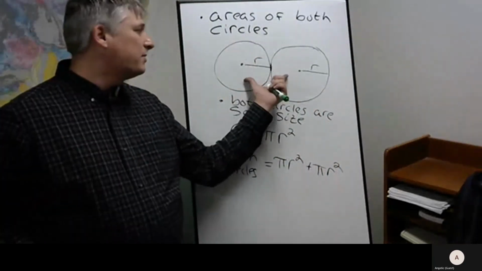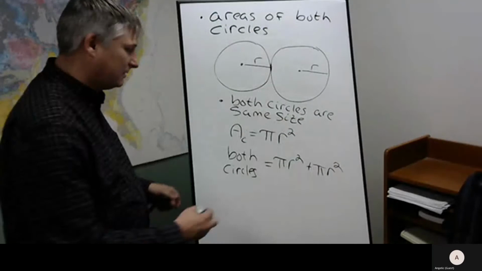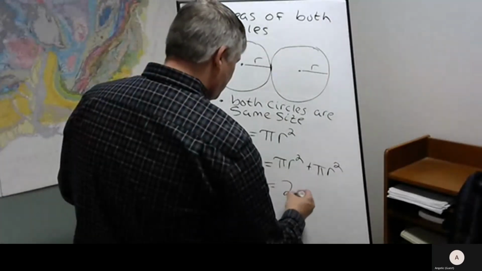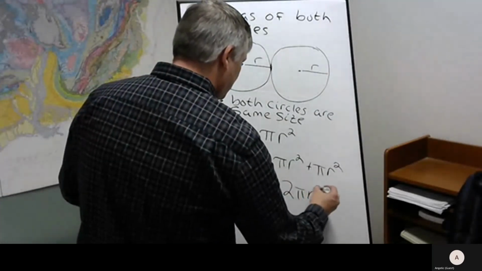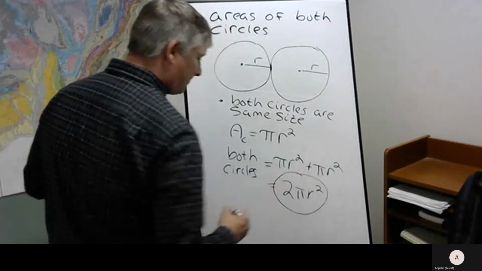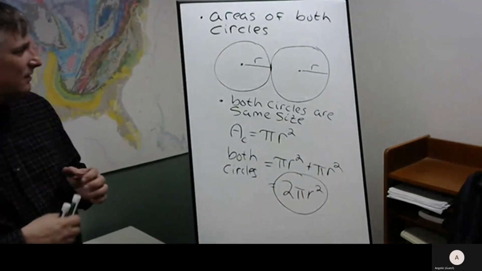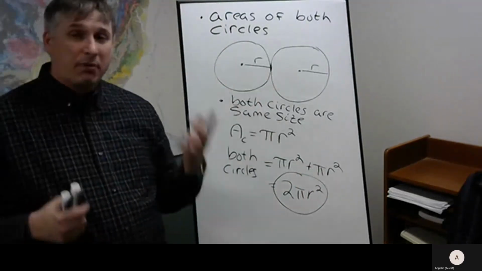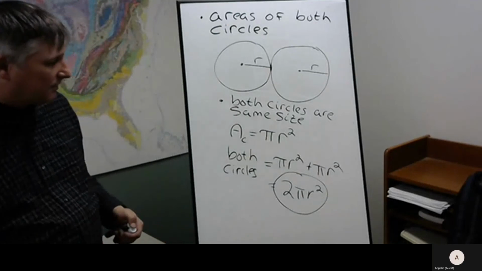So the areas of both of these circles, we have 2 pi r squared.